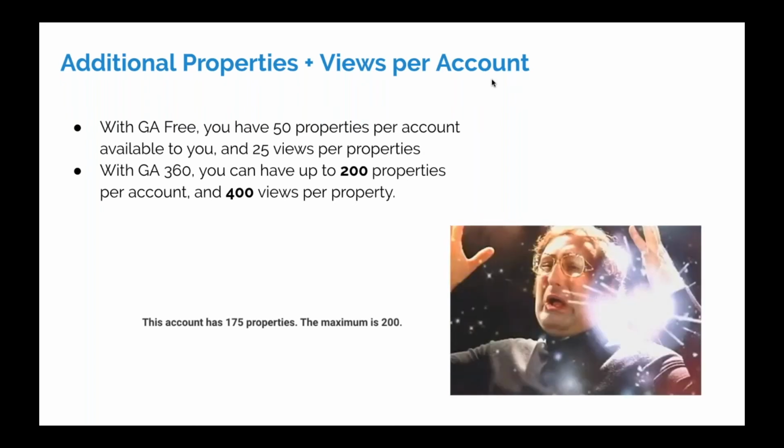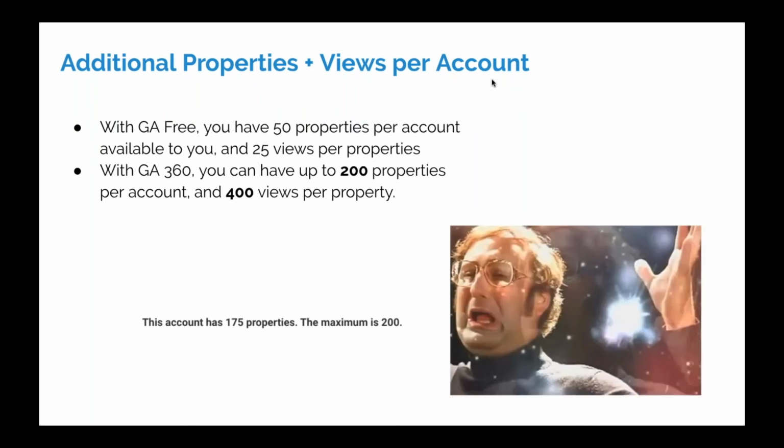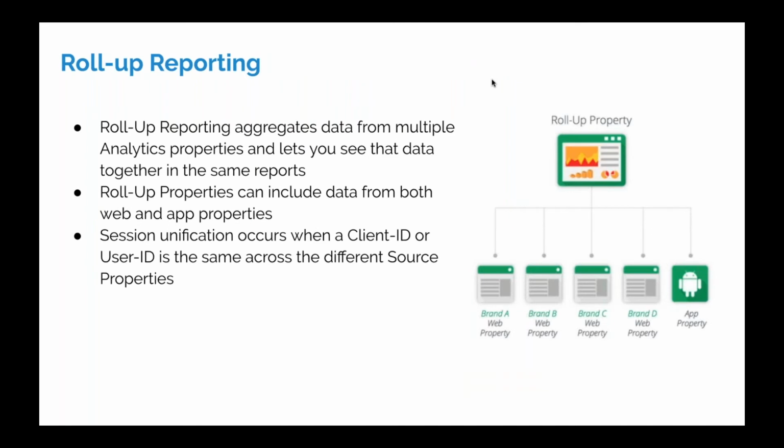And last but most certainly not least is out-of-the-box roll-up reporting. So roll-up reporting is aggregating data from different properties and viewing all of it in the same reports. So oftentimes you want to maybe look at all of the properties of a specific market.